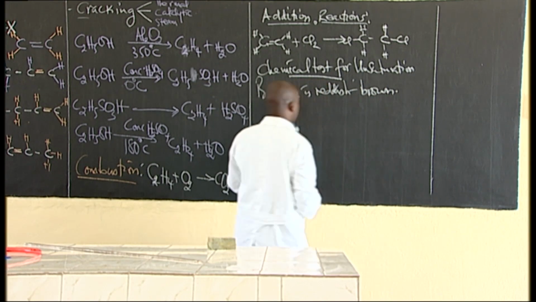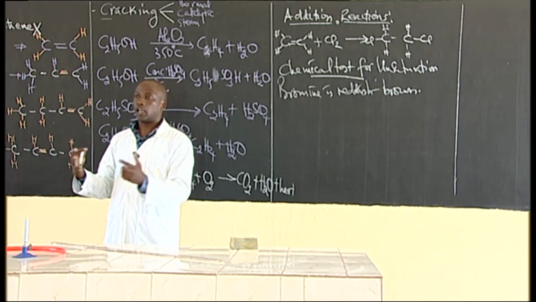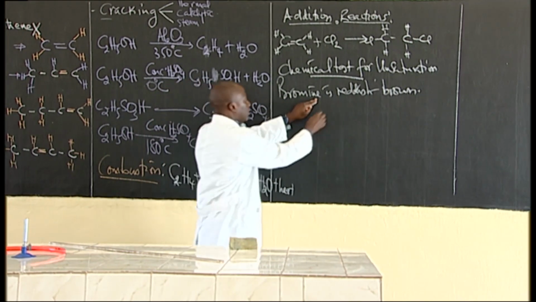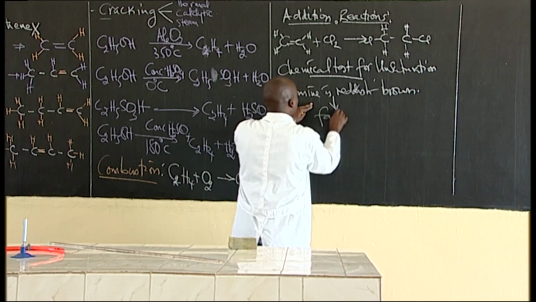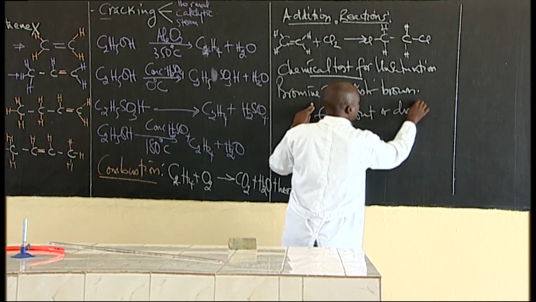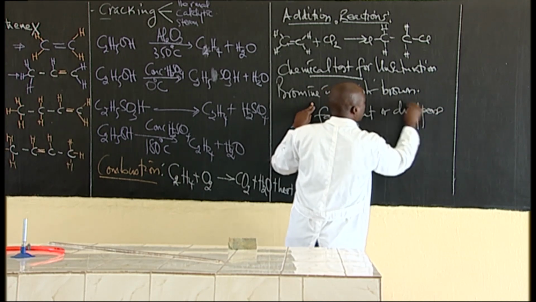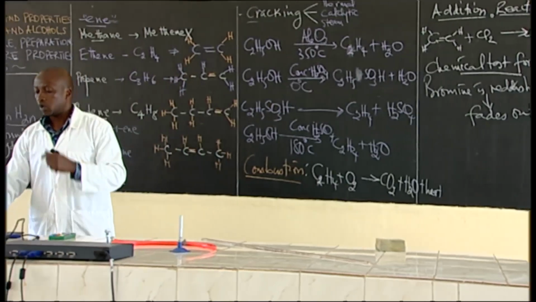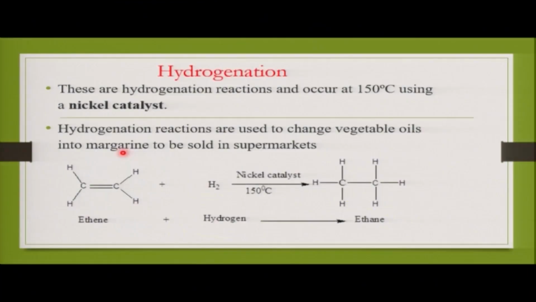So what happens when you pass an alkene into this reddish brown color? It fades out or disappears. So that is the test that is very important. It can be chlorine or it can be bromine.